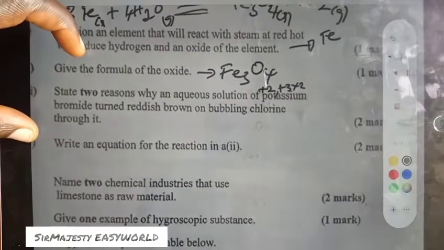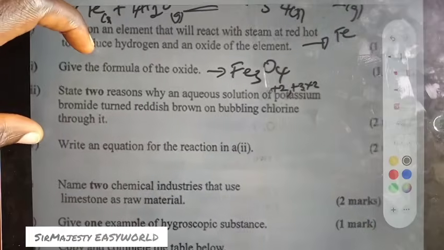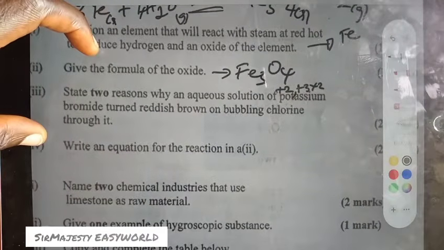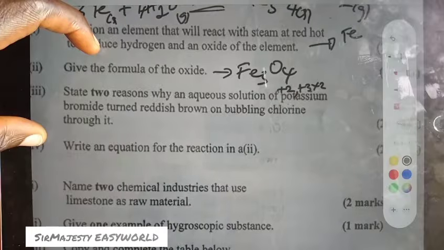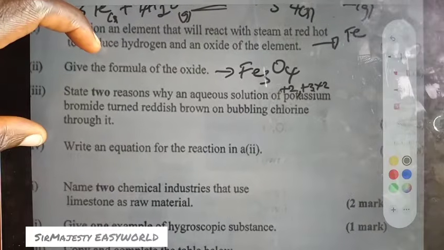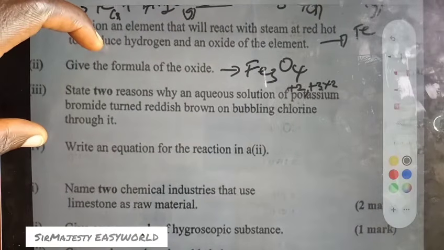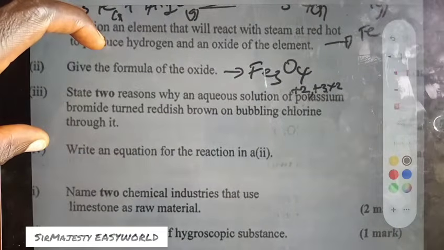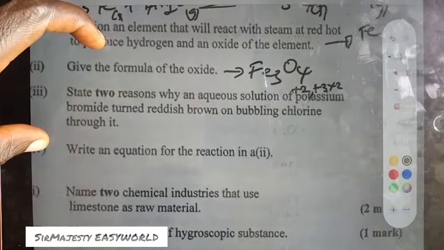State 2 reasons why an aqueous solution of potassium bromide turned reddish brown on bubbling chlorine through it. Number 1, displacement reaction, because chlorine is more reactive than bromine and displaces it from its aqueous solution.